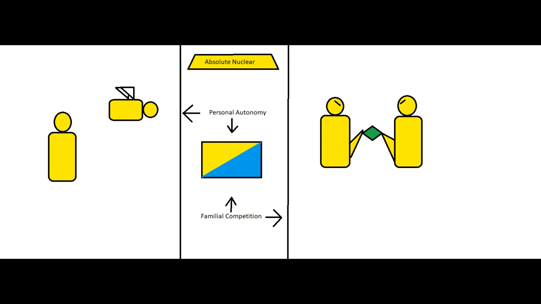And basically what that produces is this idea that competition and freedom are linked. So in this sense, I would consider absolute nuclear freedom to be more along the lines of individualist freedom. So their ideal political system would be more of like a minarchism, a capitalistic minarchism.